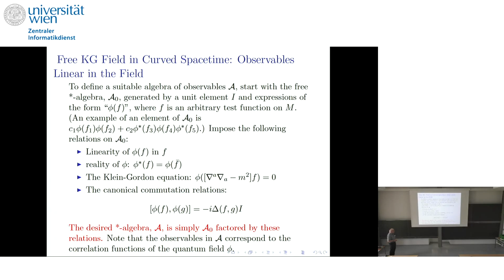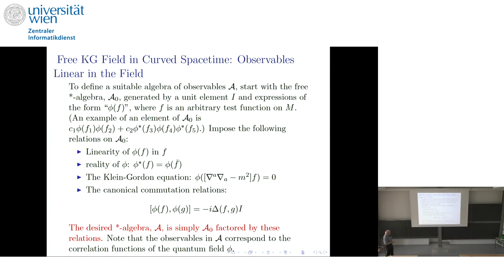So this is just what I've written down before, where this delta is the advanced minus retarded Green's function. So it's a distribution that satisfies the homogeneous equation.